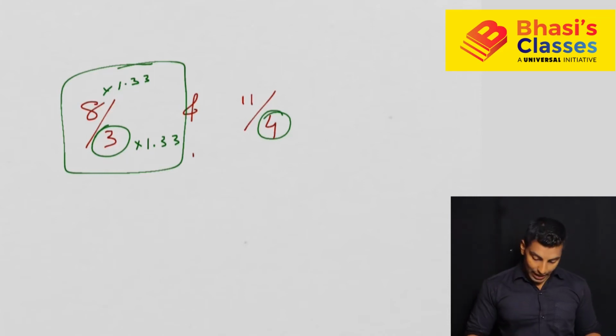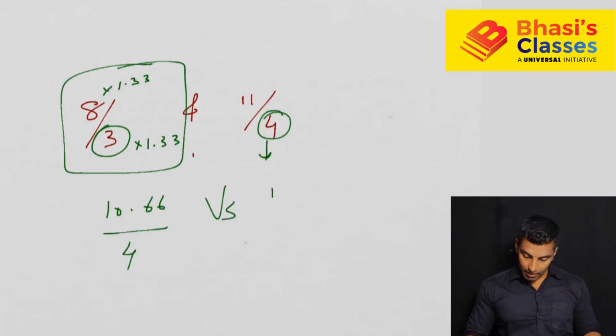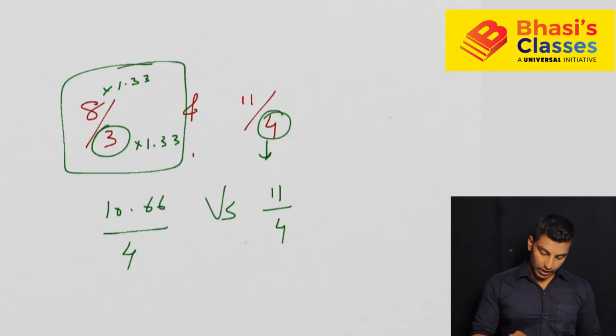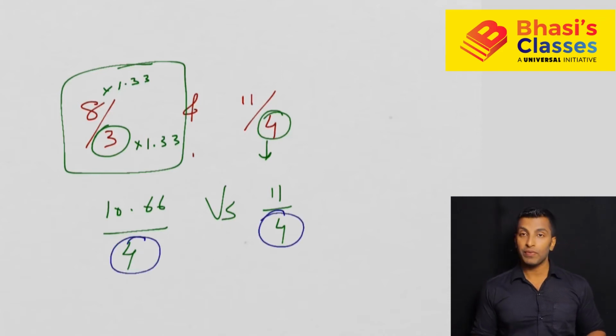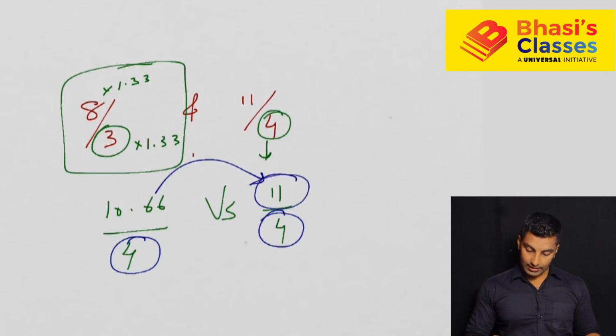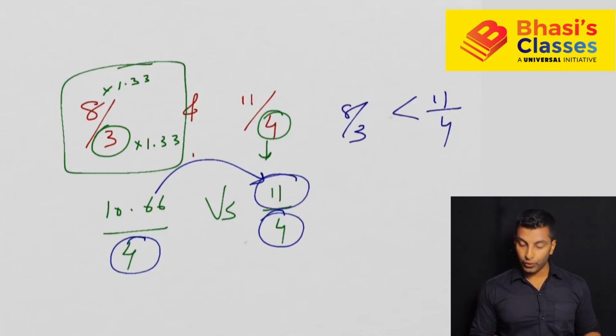So what is actually happening here: when you multiply 8 with 1.33, you will get 10.66 and the denominator will become 4. And this is the same 11 by 4. So if you look here, denominators are the same. Now you see where the numerator is larger, so here it is larger. So which ratio is greater? This 8 by 3 is less than 11 by 4.